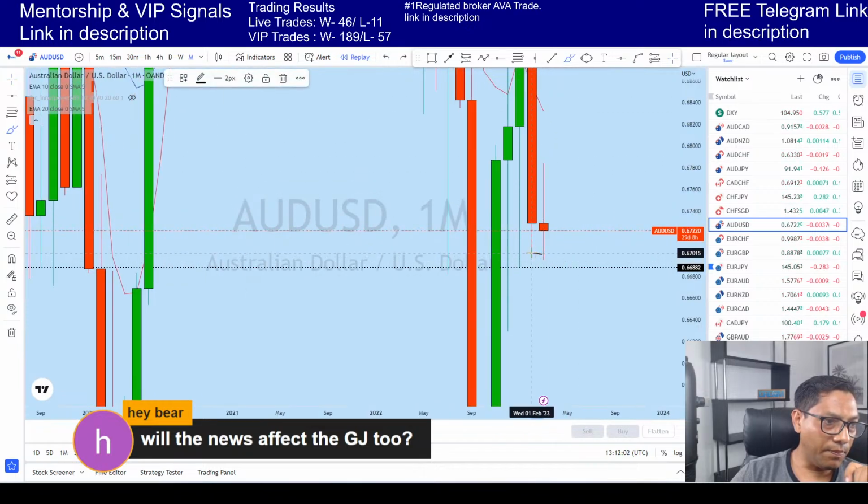Now what happened here, you can see a higher low has been created. With that higher low, we saw there is another buying. Now the price has just broken this low above this high.